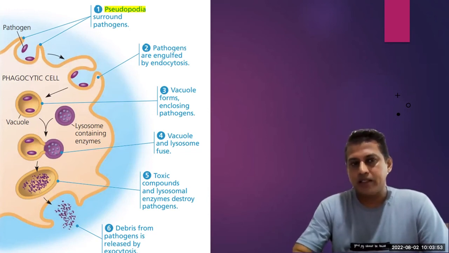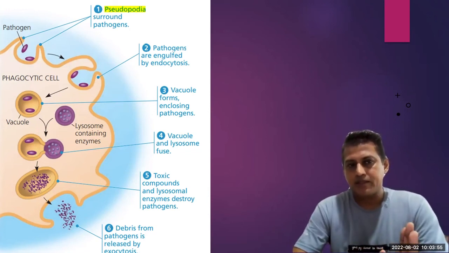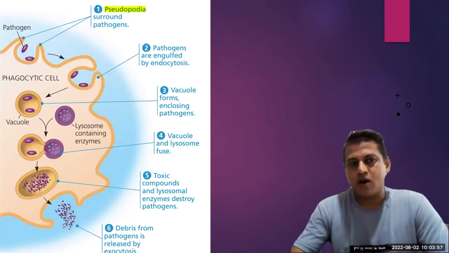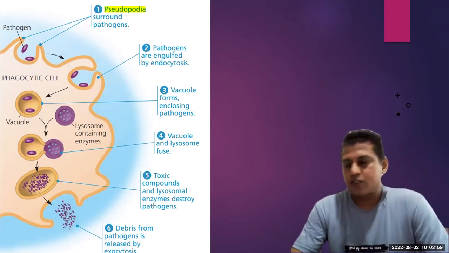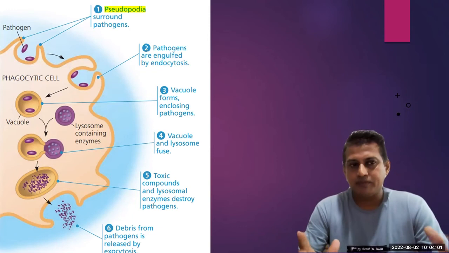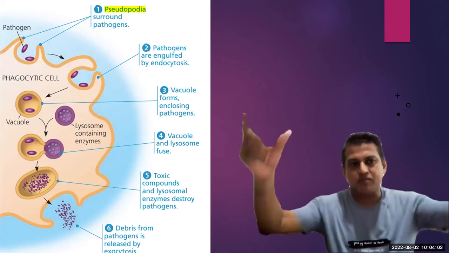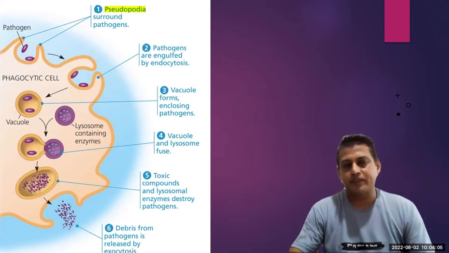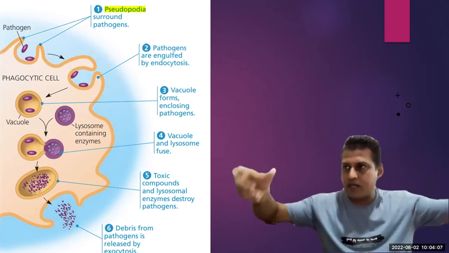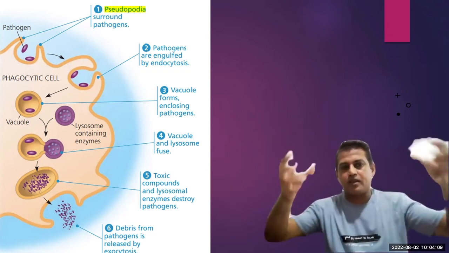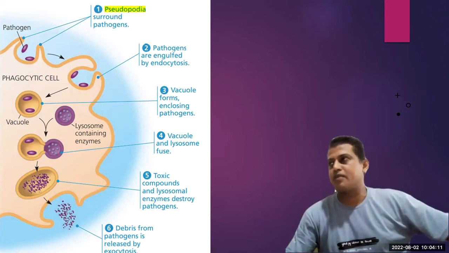You can see in number 1, pseudopodia surround the pathogen. So pseudopodia is the fake arm, that is the extension of the cytoplasm. The cell membrane makes small projections and then pushes cytoplasm into them.